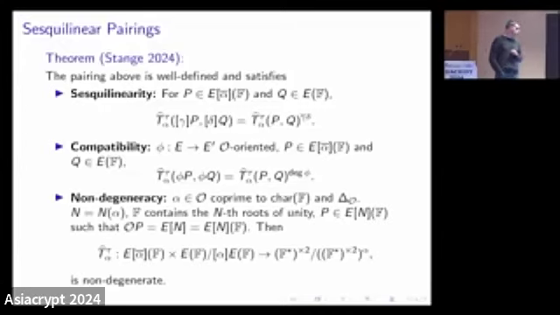And finally, these pairings are in many cases non-degenerate. So as long as we satisfy the conditions listed here, and crucially, this last condition such that P acted on by the order O is the N torsion. In other words, as long as the N torsion is cyclic as an O module, then we will have some non-degenerate pairings.